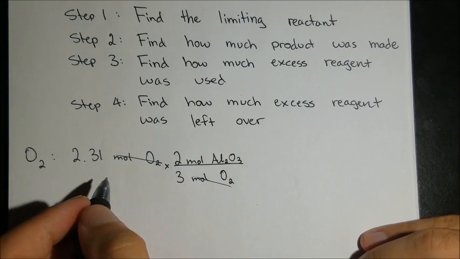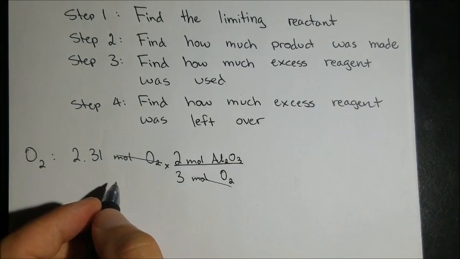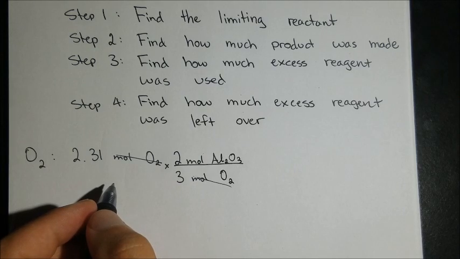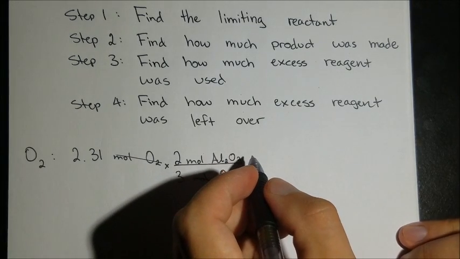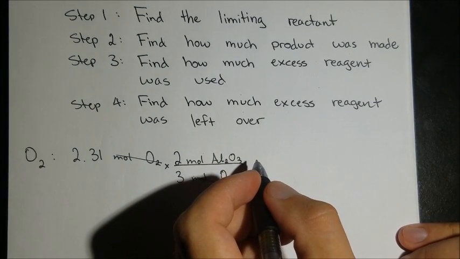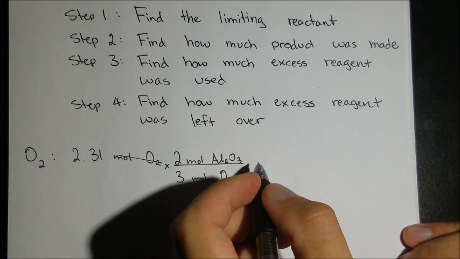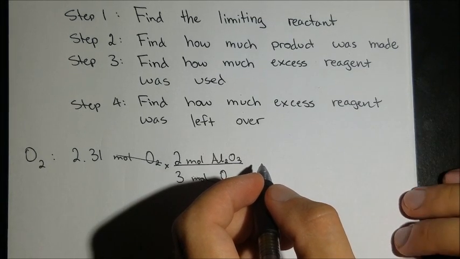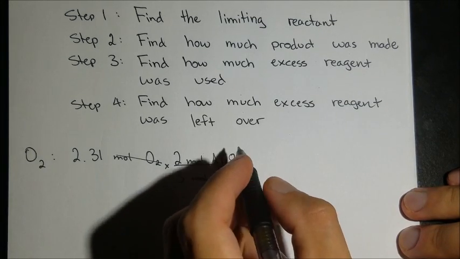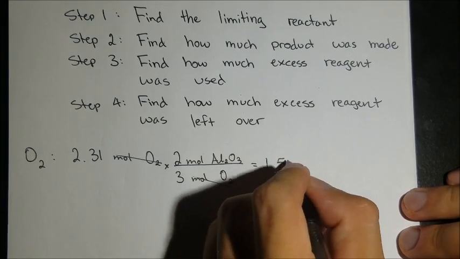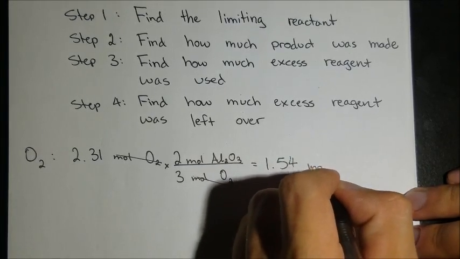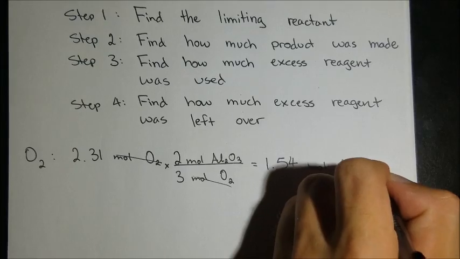So our moles of oxygen cancel, and what we have here is 1.54 moles of aluminum oxide.